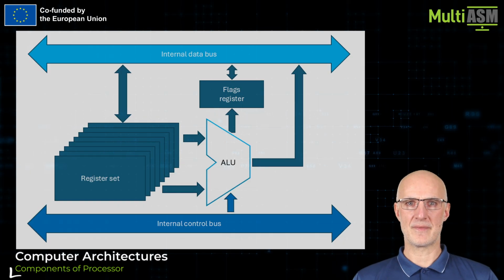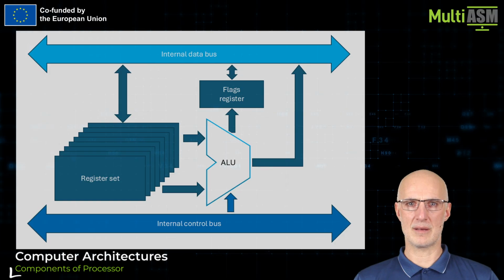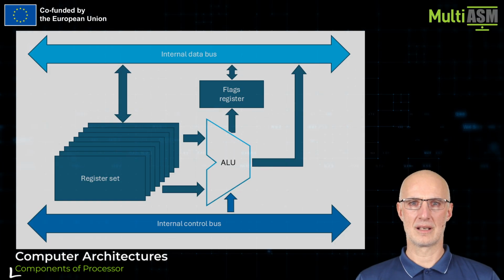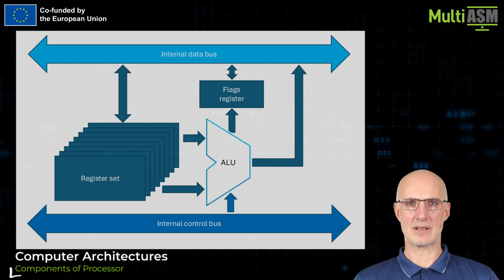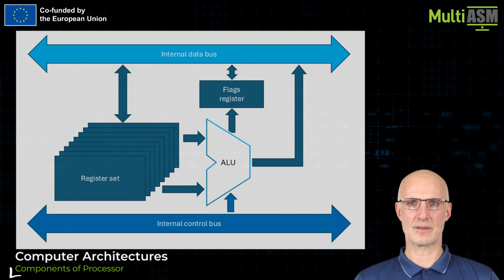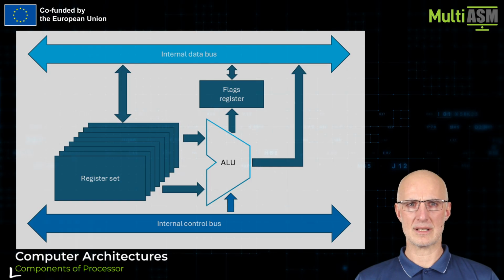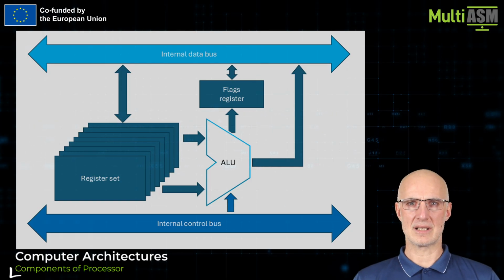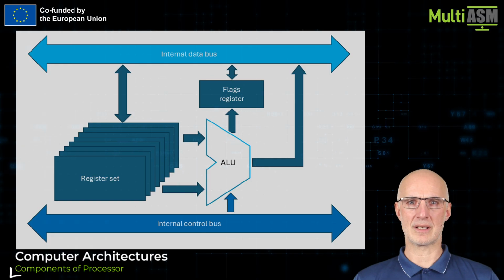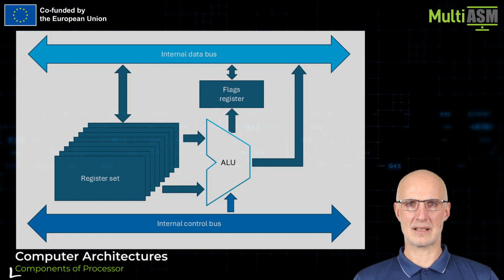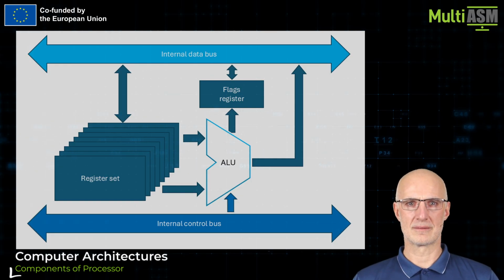Besides the result, the arithmetic logic unit also returns some additional information about the calculations. It modifies bits in the flag register, which comprises flags that are modified according to the result from arithmetic and logical operations. For example, if the result of the addition operation is too large to be stored in the resulting argument, the carry flag is set to indicate such a situation.